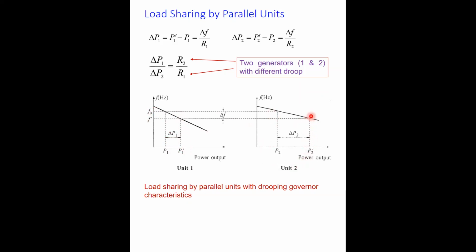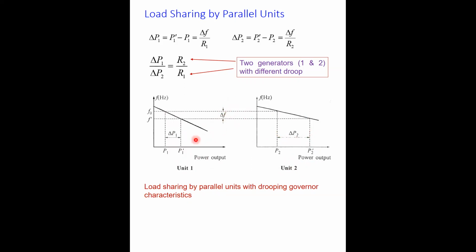You find that for this defined frequency deviation, this generator will have more power with respect to the other, because the change in power here is lower, but here the change in the power is more. But here we talk about the same frequency deviation.